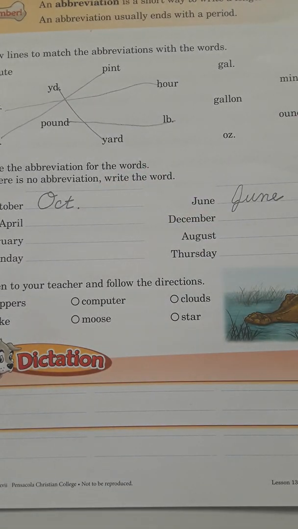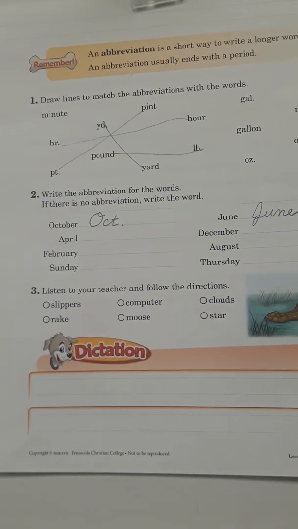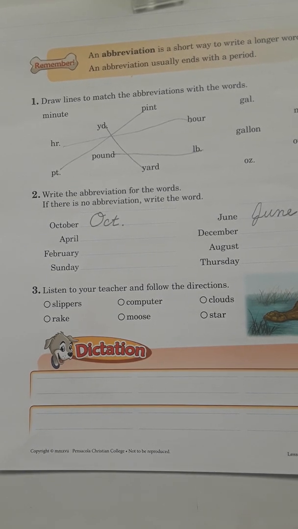Listen to your teacher and follow the directions for number 3. Use your green crayon to mark the circle next to the word that belongs in this sentence.